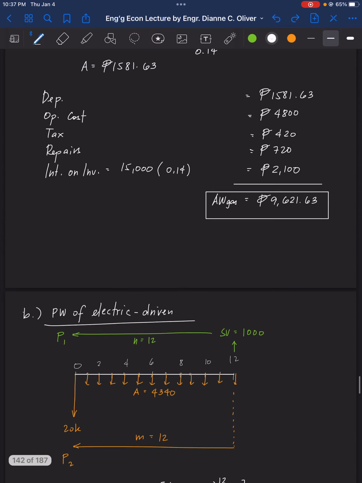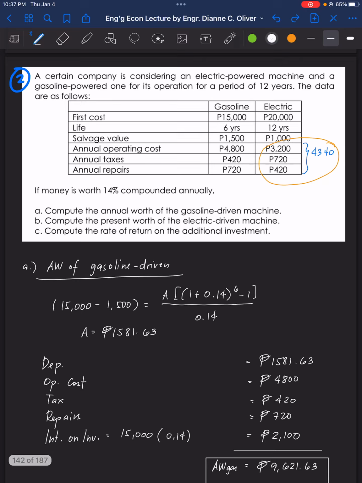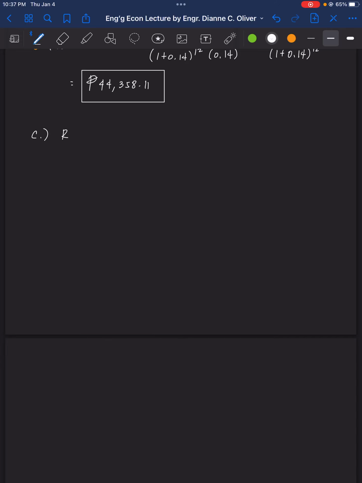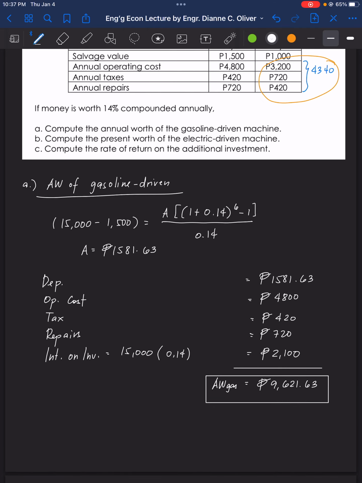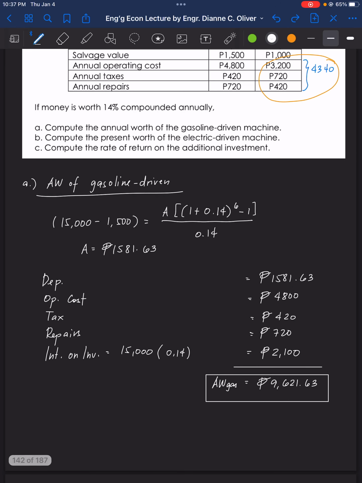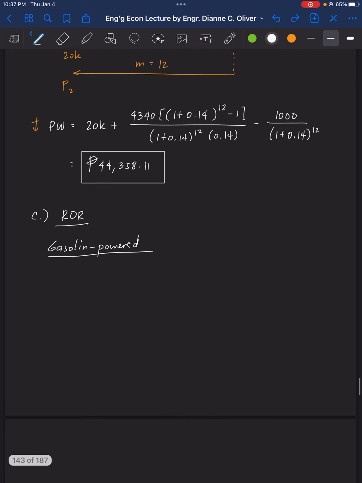So next, compute the rate of return on the additional investment. So rate of return on additional investment, ROR. For the gasoline powered, we have the depreciation already, 1,581.63.